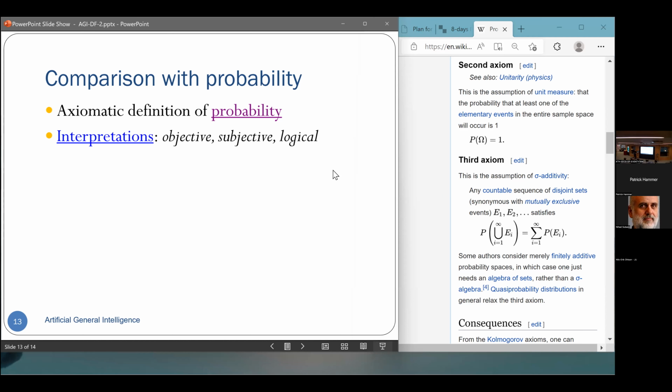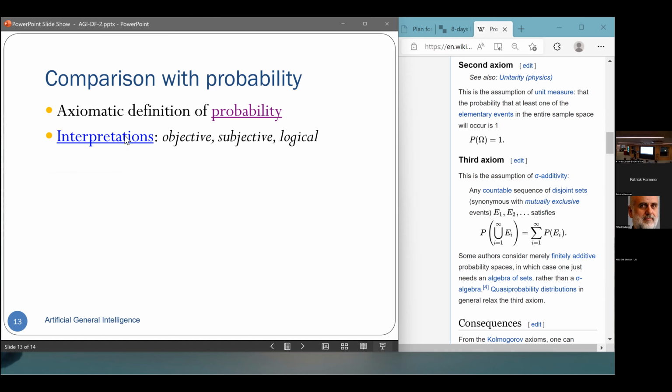The issue is how to relate that to our thinking. That's not the mathematical formula, it's called the interpretation of probability. Okay, what that thing measures as far as our discussion goes.